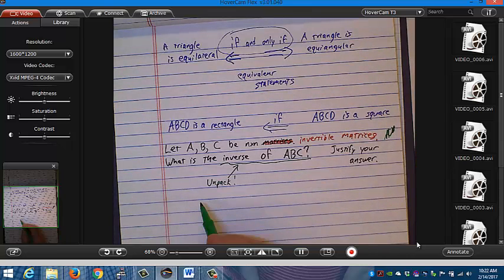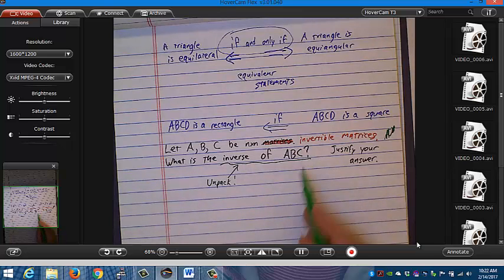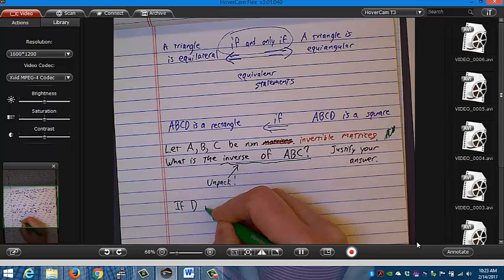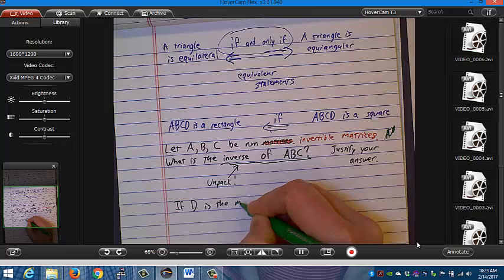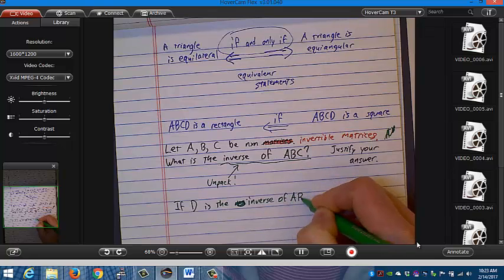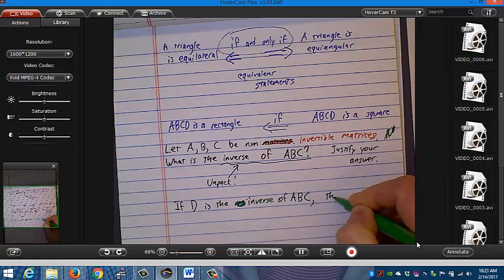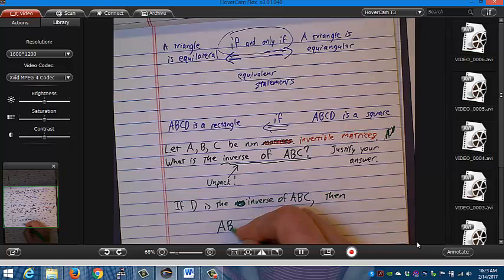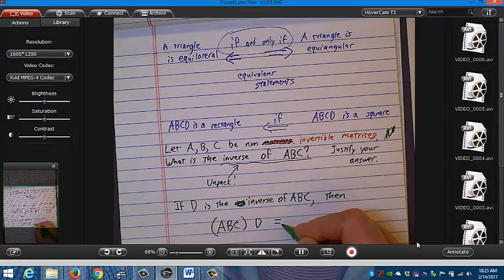So when I say what is the inverse of ABC, I'm going to say this. If D is the inverse of ABC, then ABC, whatever matrix that is, times D has to equal what?